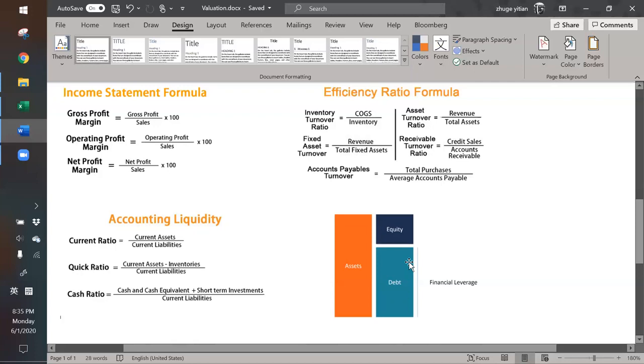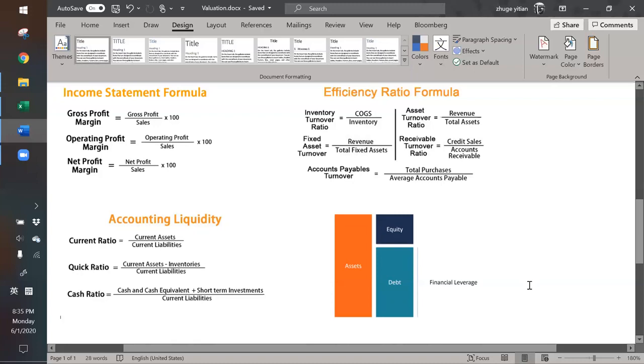They will go bankrupt. Their assets will be seized by the court, and later on those assets will be sold to pay back the debt holders.